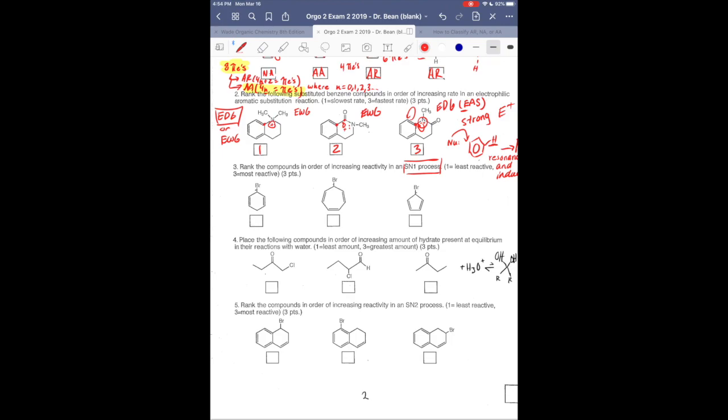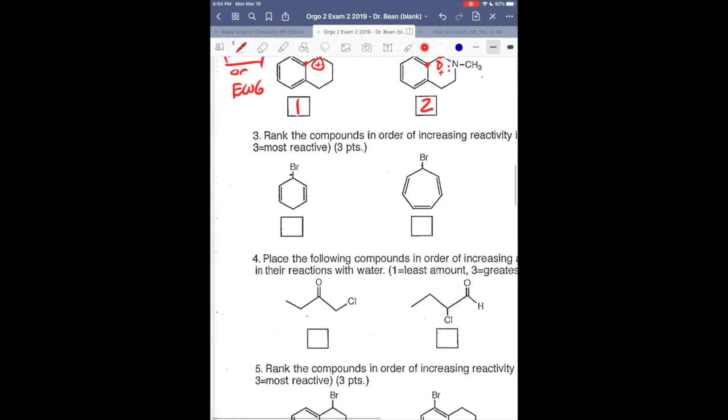So if this is unimolecular, meaning the rate is dependent on one molecule, the formation of that carbocation, dependent upon that alkyl halide and how likely it is to form the carbocation, then that can serve as a reminder to you that an SN1 process occurs in how many steps? 2 steps.